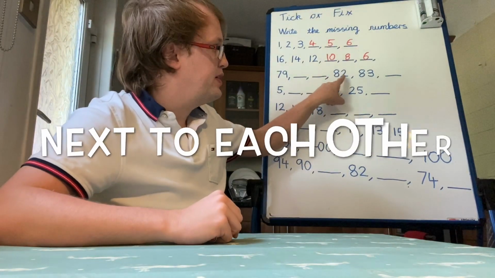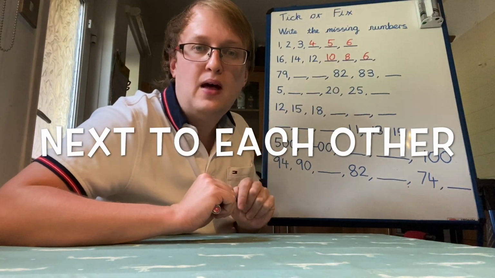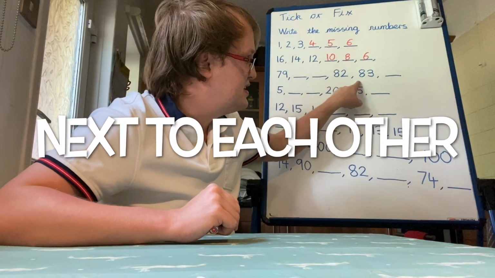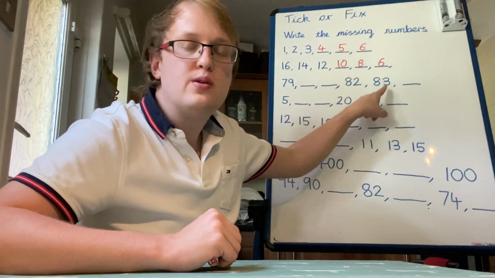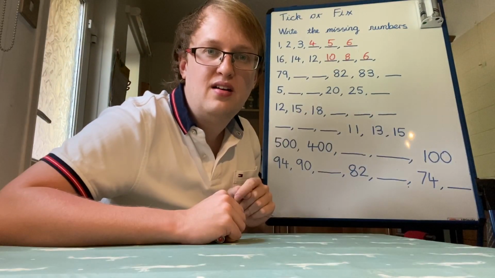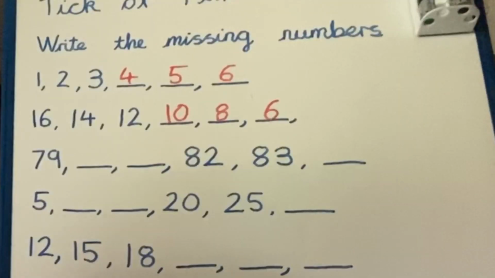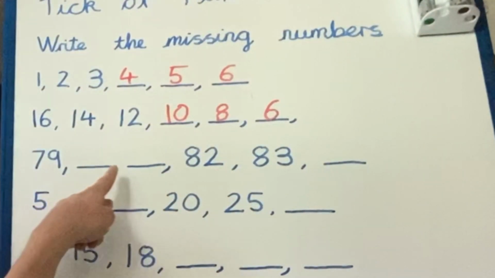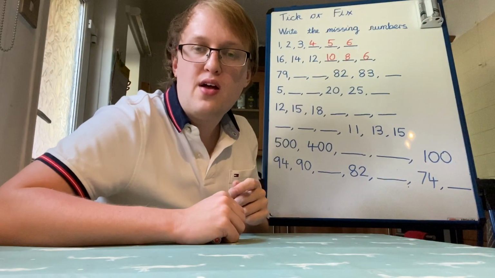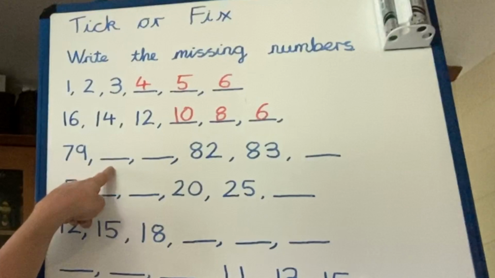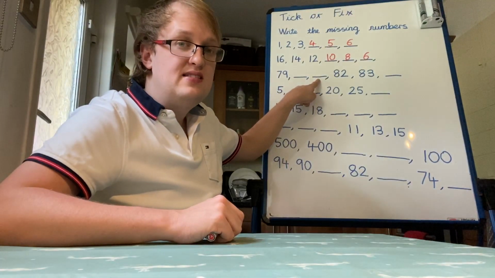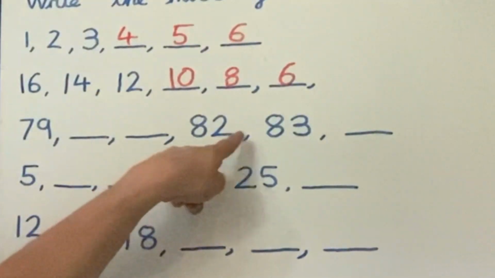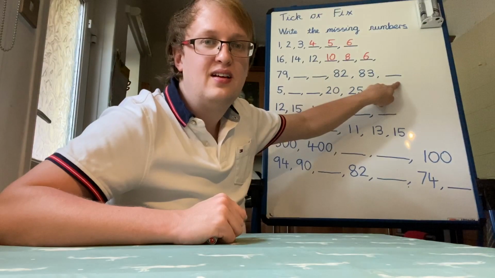So I've got 82 and 83 that are next to each other, and I can work out what the difference is between these. So how many do I need to count on from 82 to get to 83? 1. So the difference, hopefully, is 1. So we're going to try that. 79, add 1 would be 80, add 1 again, 81, 82, 83, and 84.